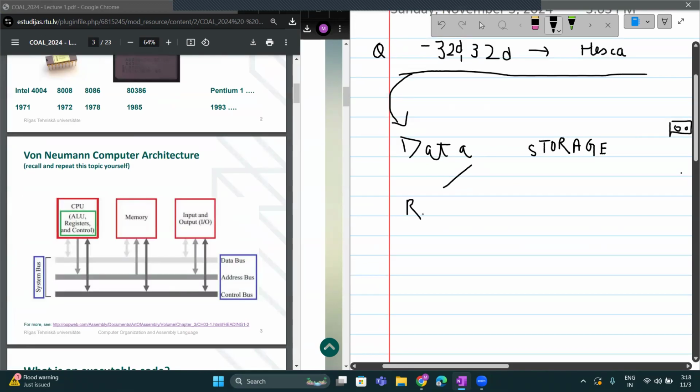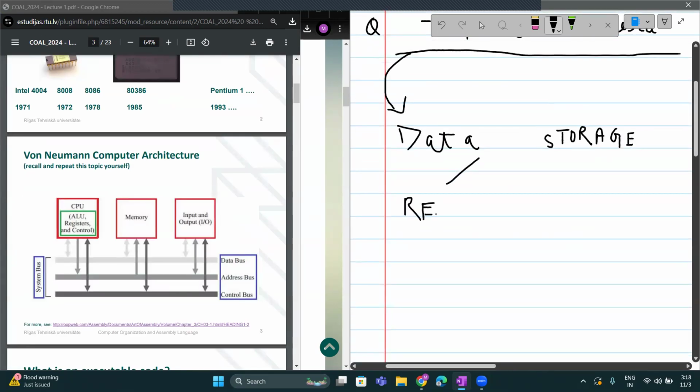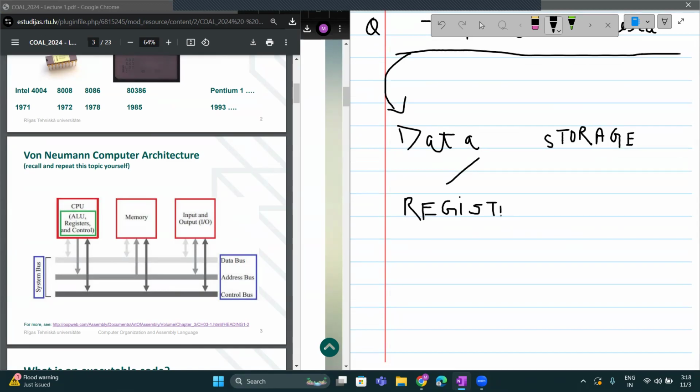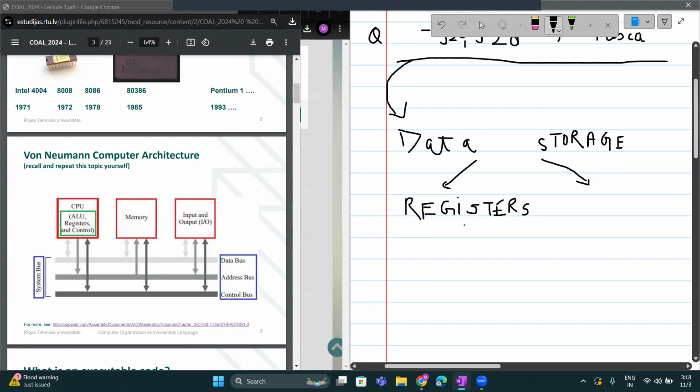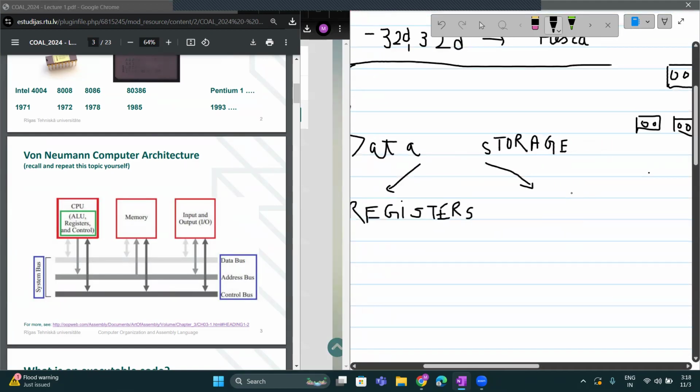First of all we will talk about registers. Data is stored in registers. It's not exactly stored, but registers are more like a temporary storage, and are used for doing calculations. So we won't call it storage, but it's a part of computer architecture that we will talk about.